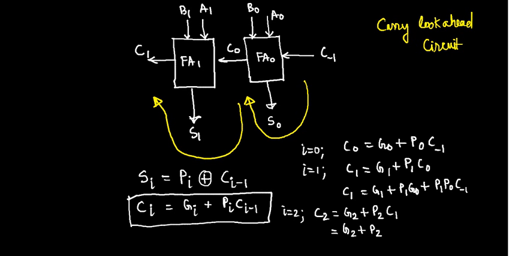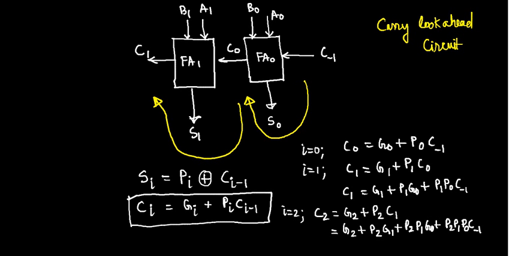P2 is simply the XOR of the bits, G2 is simply the AND of them, isn't it? So P2 C1, what is that? Now you represent G2 plus P2 G1 plus P2 P1 G0 plus P2 P1 P0 C minus 1.